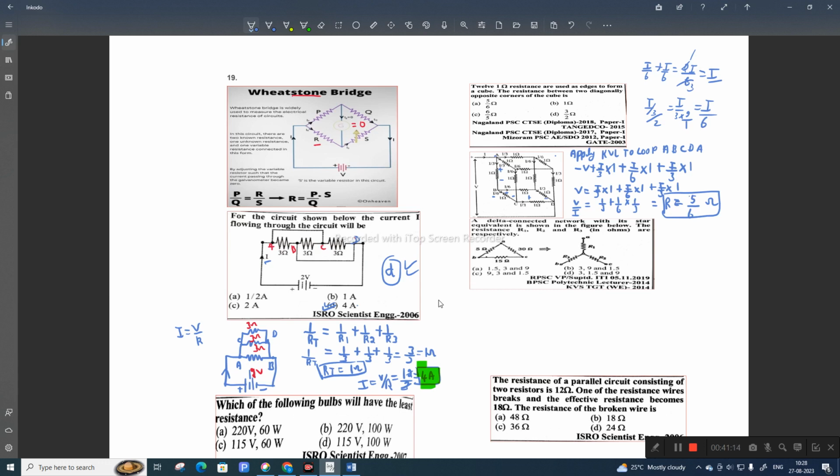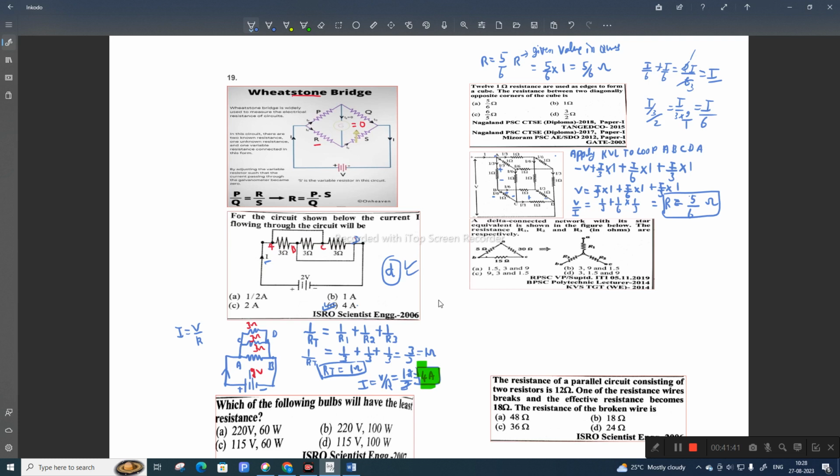When this type of question comes, to find the resistance it is 5 by 6 into R, where R is the given value in the question. Here it is 1 ohm, so you will have 5 by 6 into 1 ohm, so 5 by 6 ohms.